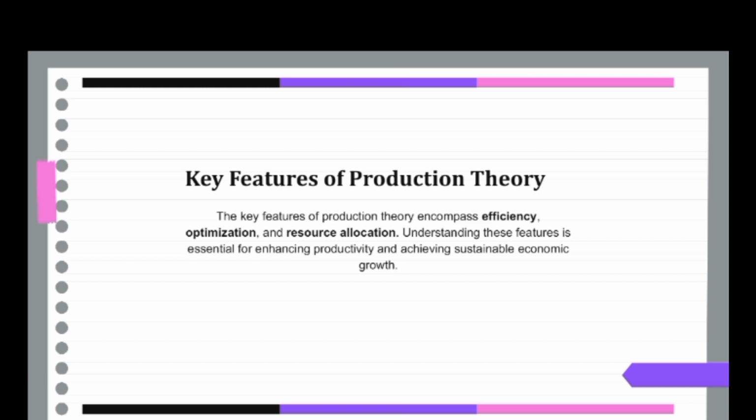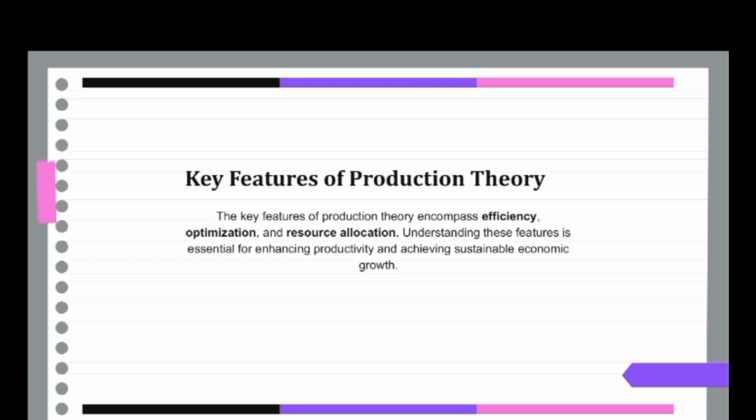The key features of production theory. The key features of production theory encompass efficiency, optimization, and resource allocation. As I told you at the start of the lecture, the theory encompasses efficiency, how to use our inputs, that are the factors of production, FOPs, more efficiently, and how to do the optimization. There is a difference between maximization and optimization. Maximization means what is the maximum quantity you can produce by using the inputs.